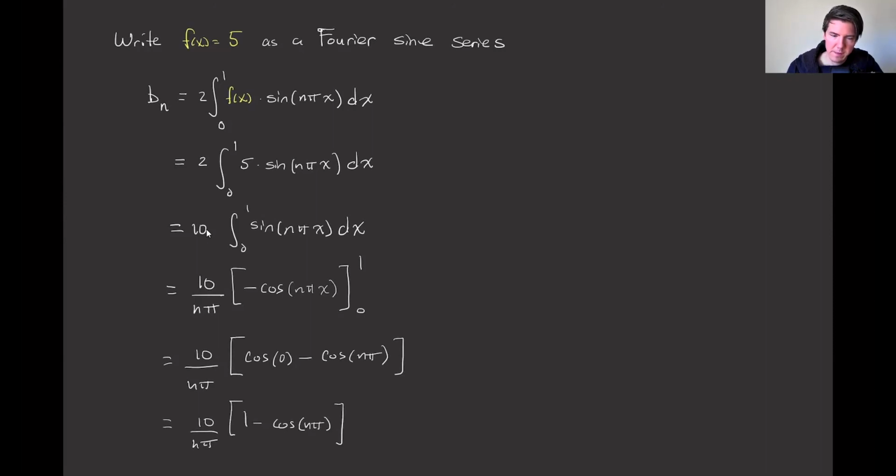And now this value, b sub n, will depend on whether n is even or odd. If n is even, cosine of n pi is equal to 1, so b sub n is equal to 0. If n is odd, cosine of n pi is equal to negative 1, so b sub n is equal to 20 over n pi.